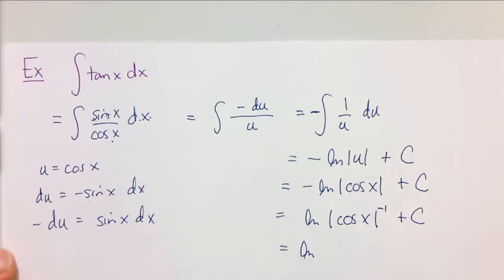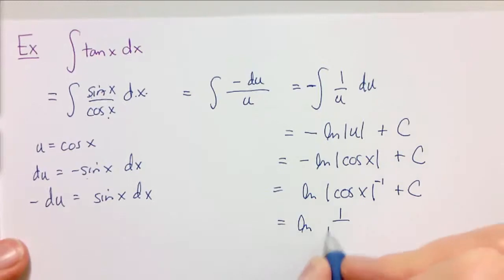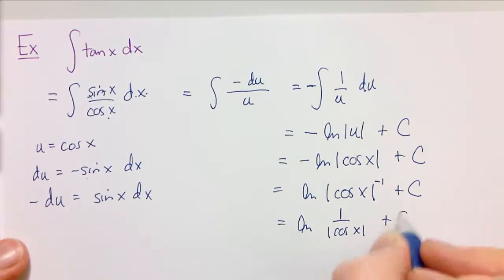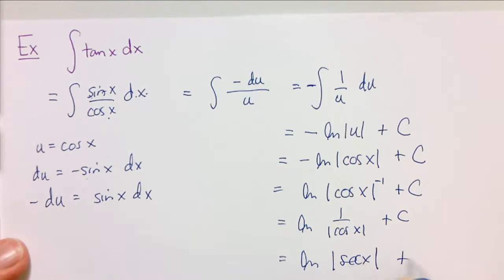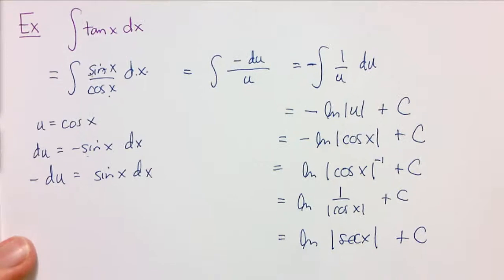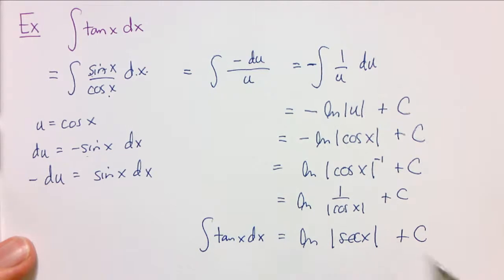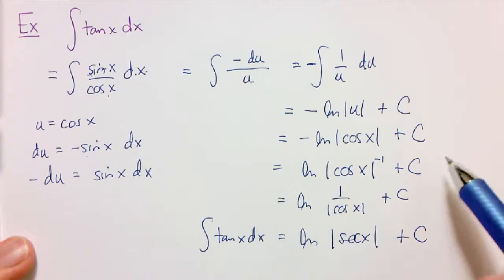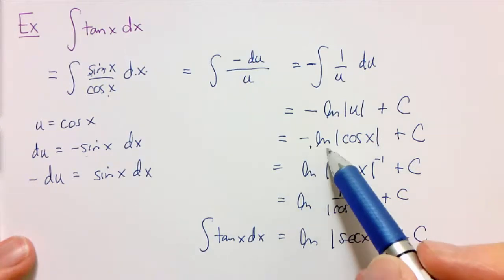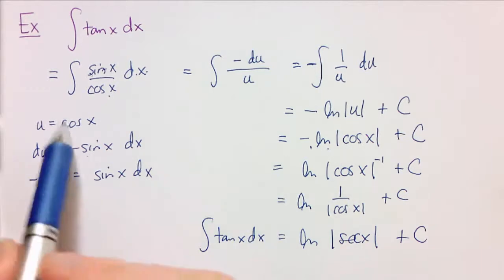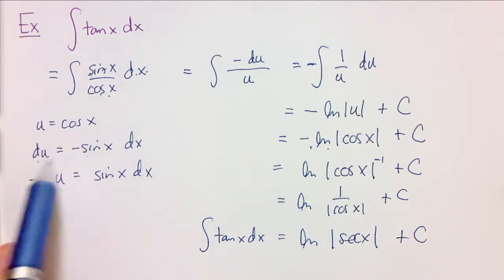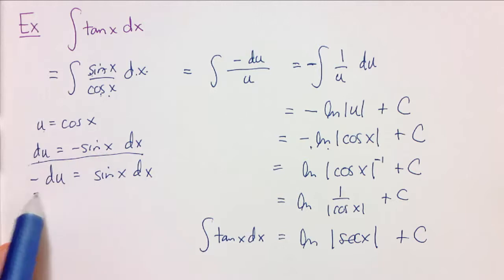That's the same thing as saying the natural log of 1 over the absolute value of cosine of x plus c, or the natural log of the absolute value of secant x plus c. Same thing. And that's usually what you'll see listed as the antiderivative of tangent. But that's just algebraically equivalent to minus the natural log of the absolute value of cosine. All right. That was type 2, because once we got u, du did not quite fit exactly, and so we had to make a small adjustment.